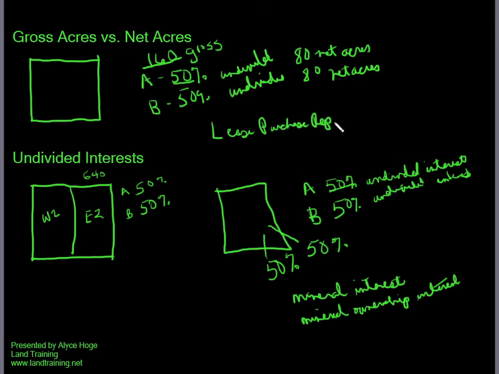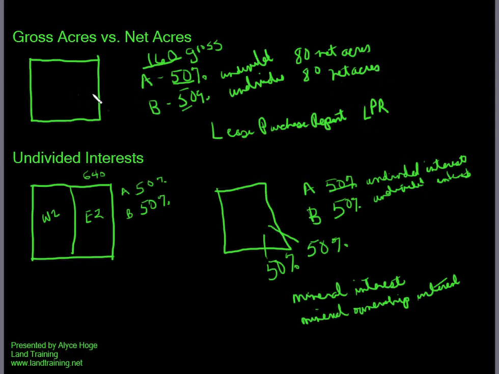And the lease purchase report, also known as an LPR, will have what that percentage of interest is based on the title opinion. So the lease analyst will then input that information into the system so that forever, anytime anyone looks at this lease, they'll know what the percentage of interest is, what the mineral interest ownership is.